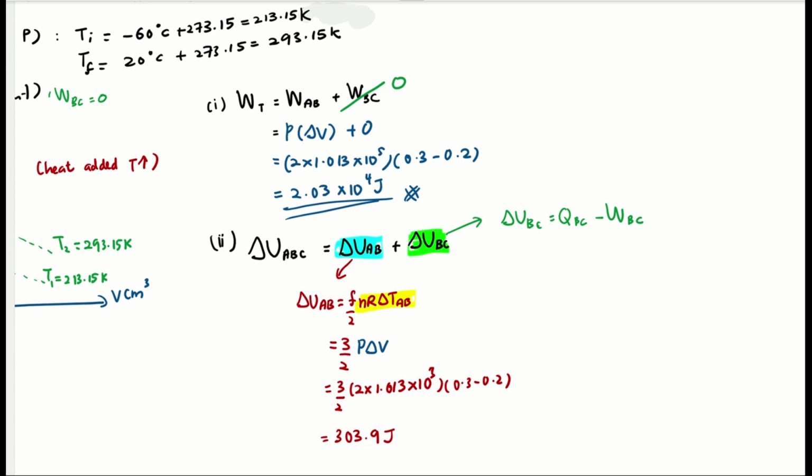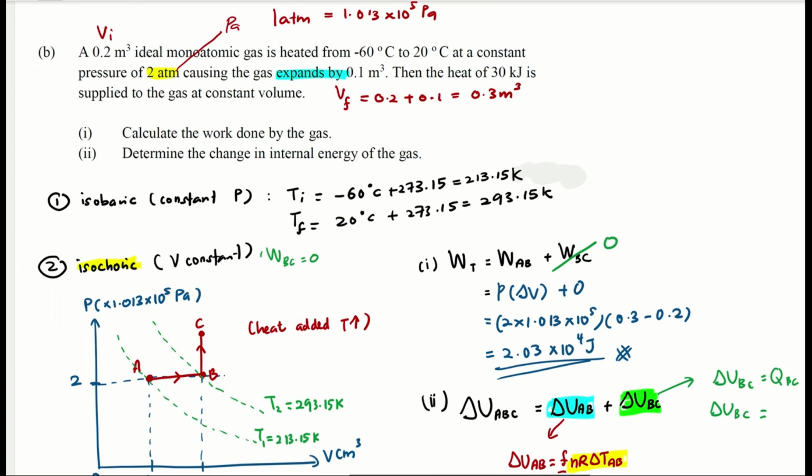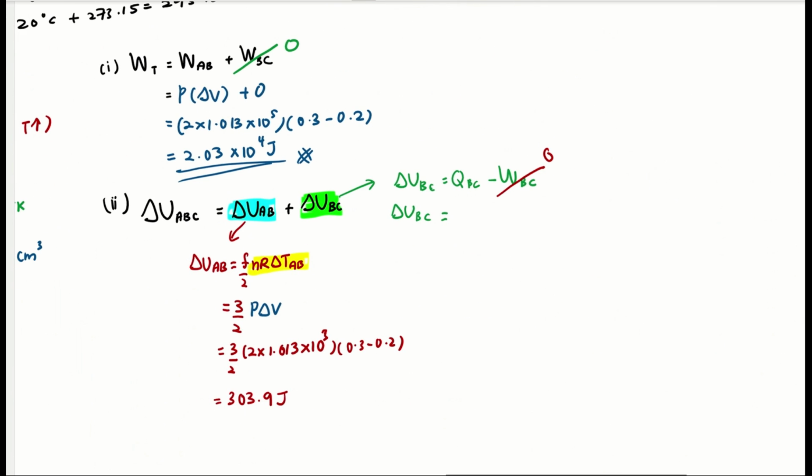Jadi sebab kita dah tahu ini adalah isochoric process, so work done WBC tadi adalah kosong kan. So now delta UBC is equal to QBC, di mana soalan dah bagi tahu tadi. Maknanya then the heat of 30 kilojoule is supplied to the gas at constant volume. So the heat here, QBC, is actually equal to 30 kilojoule.